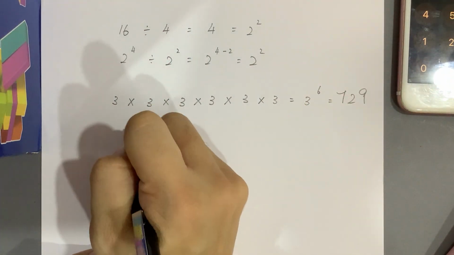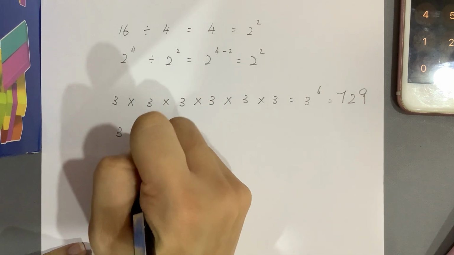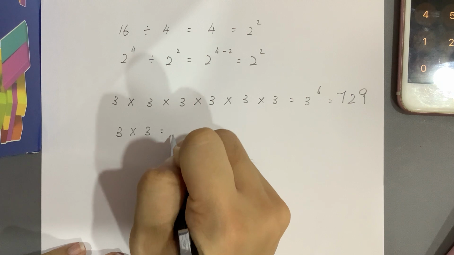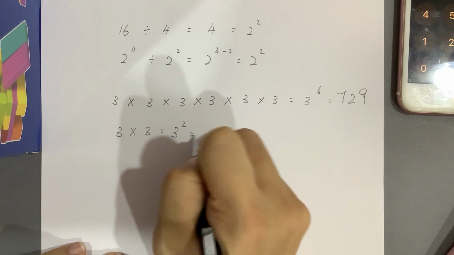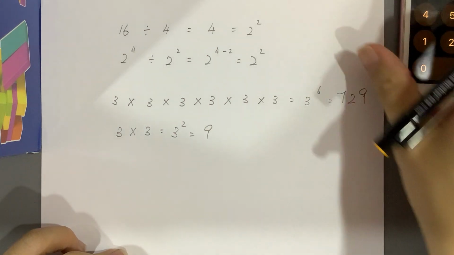Okay, then I have 3 times 3 equals 3 to the power 2, which is 9.